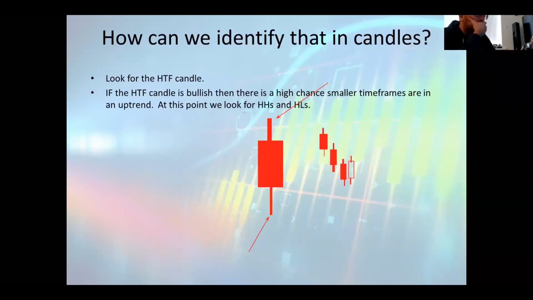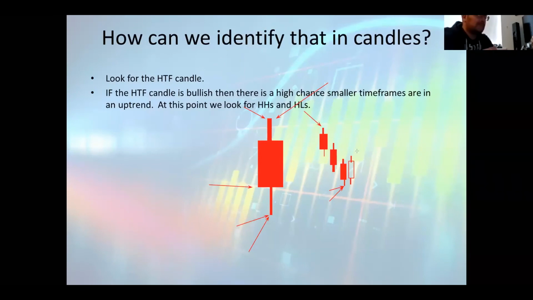So check this out. This is the high of the daily candle, and this is the low of the daily candle, and this is the low on the 4-hour time frame. Let's visualize that. Hypothetically speaking, let's say this is the 4-hour time frame, and the daily candle has 4-hour candles. I know it doesn't make sense, but for simplicity, it does. So this is the low right over here, and look where the daily candle closed.